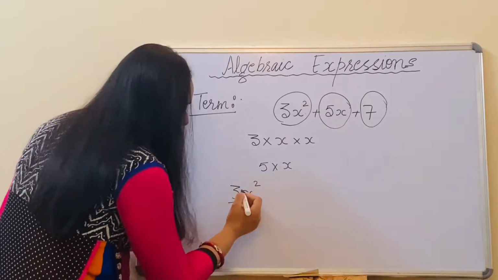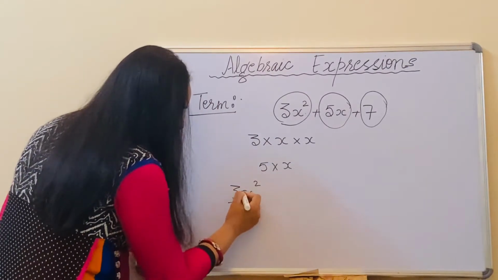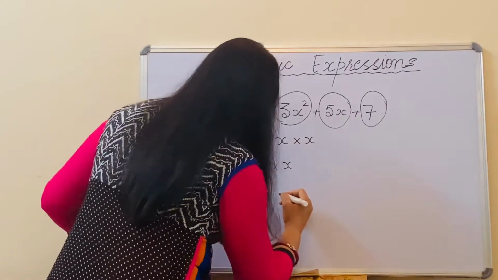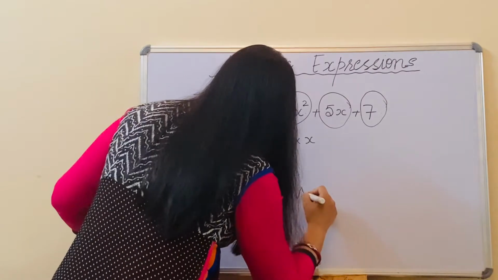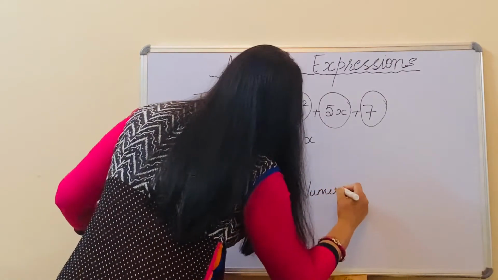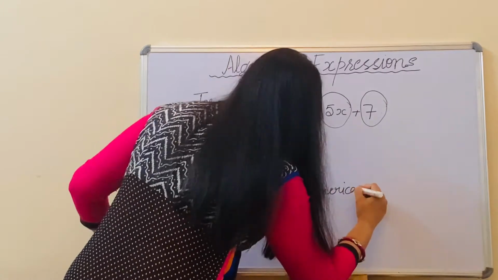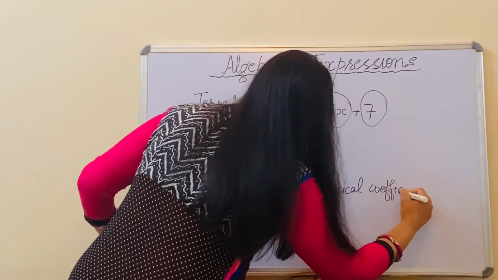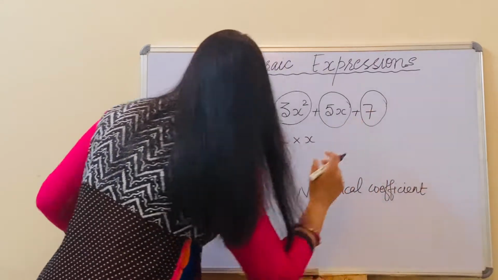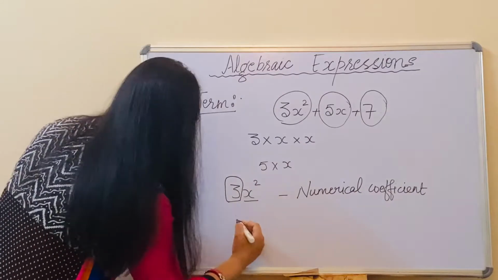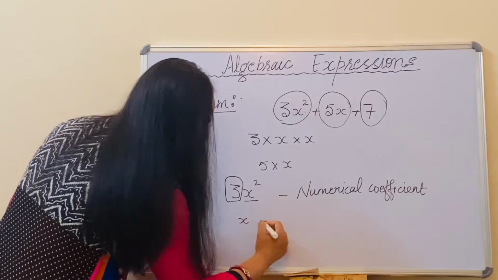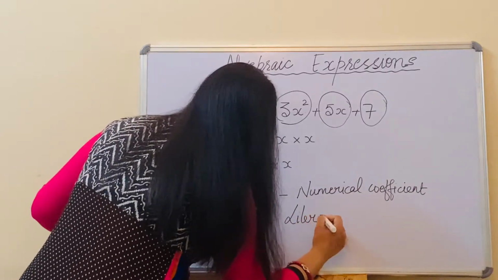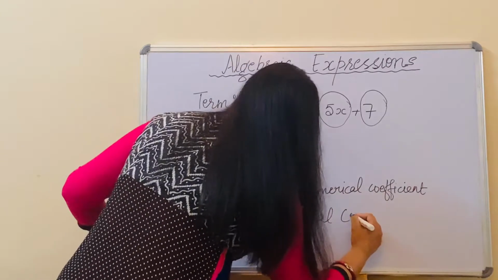The number part, this 3, is the numerical part of the term and it is known as the coefficient. The other one is the variable part, that is x. This is known as the literal coefficient.